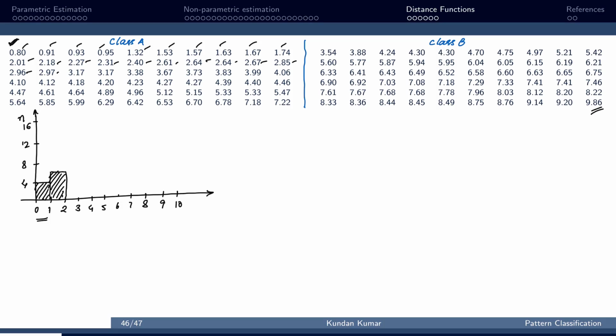So we have 12 data samples in this bin. Between 3 to 4, it is 1, 2, 3, 4, 5, 6, 7. So it is 7.